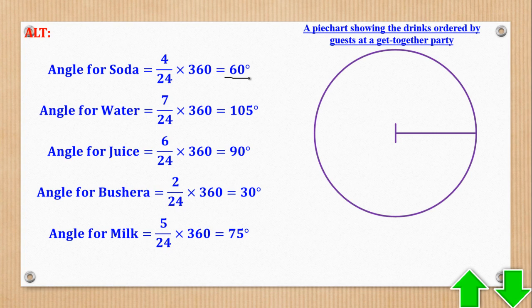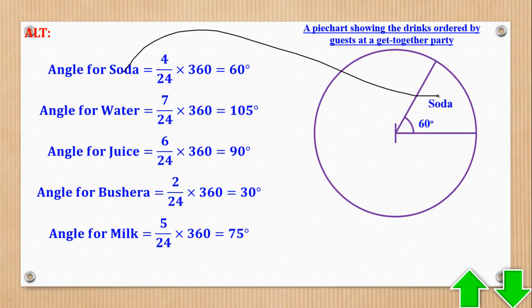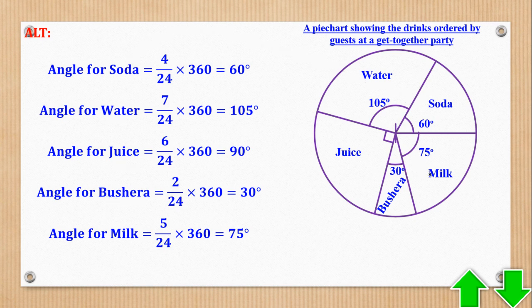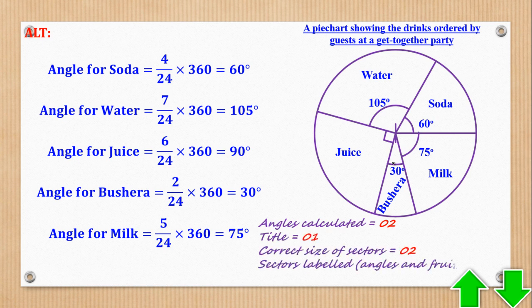Measure off 60 from the horizontal going anti-clockwise, and label it for soda. Next, from here, you measure off 105 for water, then 90 for juice, then 30 for bushera, and the remaining one is for milk. And that is it. So basically that is the pie chart they wanted. So you can either draw a bar graph or a pie chart.